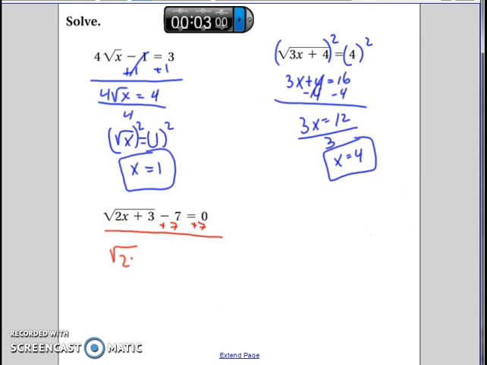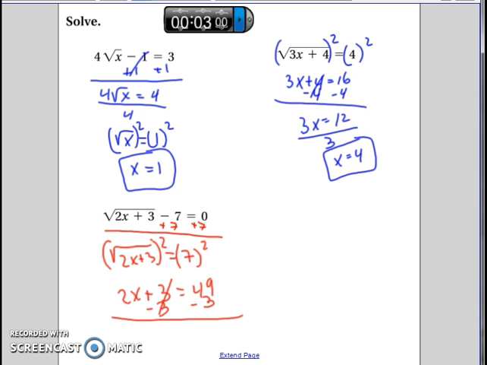So square root of 2x plus 3 equals 7. And then we square both sides. So 2x plus 3 equals 49, minus 3. 2x equals 46. Divide by 2. X equals 23.